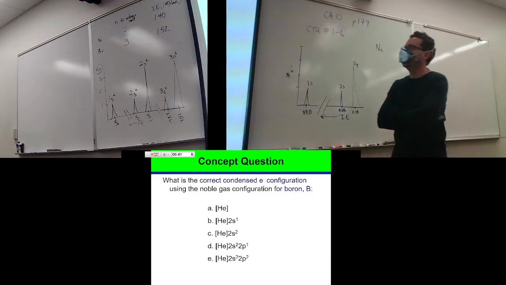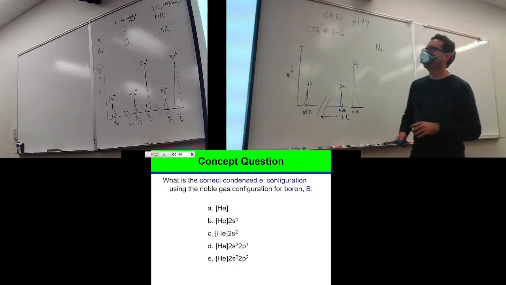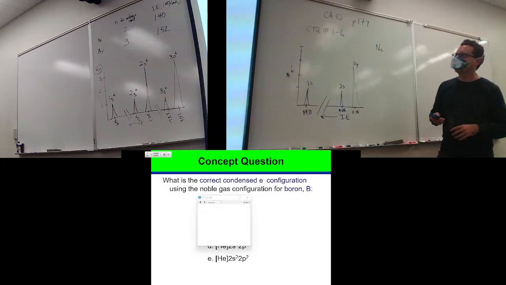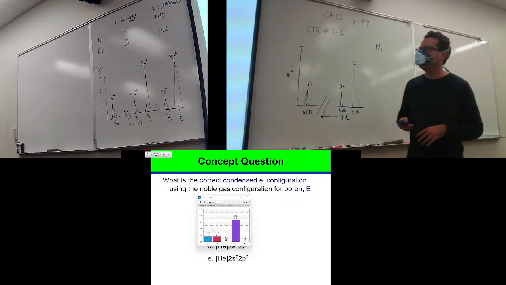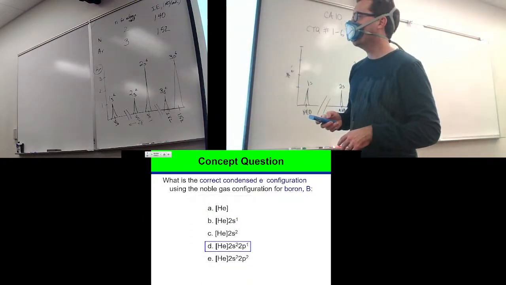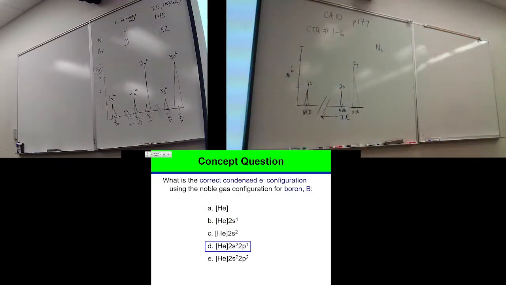So you'd be right, it's D. So again, to do the condensed version, take the element you're looking at, go backwards until you get to the first noble gas. So boron going backwards, helium is the first noble gas. So I'm going to put helium in brackets, and then after helium is row 2, and that's the s block, so 2s, how many electrons? 1, 2. And then next is the 2p block, 1 electron, it's the first element in the p block, so 2p1. 2s2, 2p1.